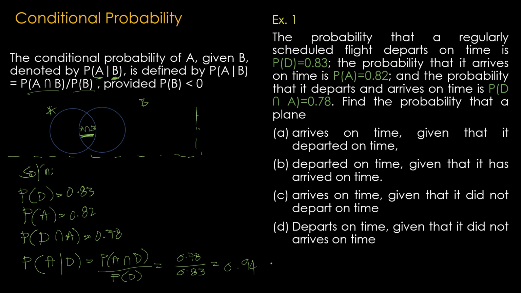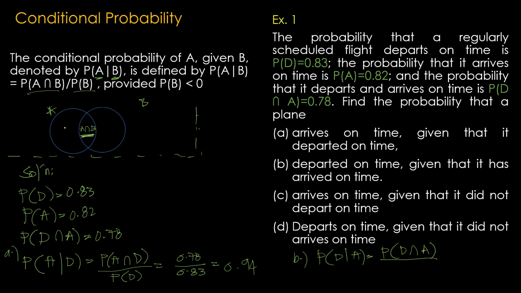Similarly, if we are to find the probability that a plane departs on time given that it has arrived on time, for letter B, the intersection between D and A, and D is the same.